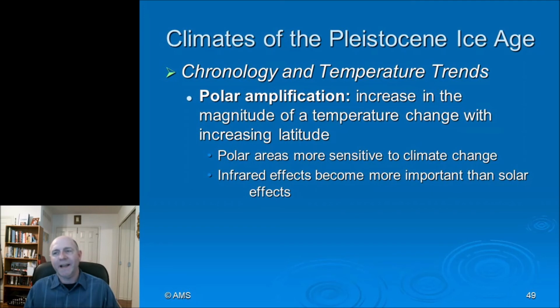This is why the poles are warming more rapidly than the rest of the world, because they don't get that much sun to begin with. The equator is not warming as fast as the poles because they get sun all the time, and that component of the temperature balance, the temperature equation, is much more driven by solar.